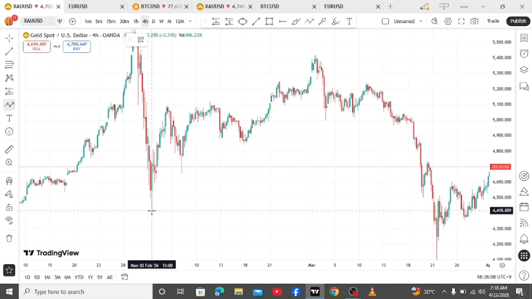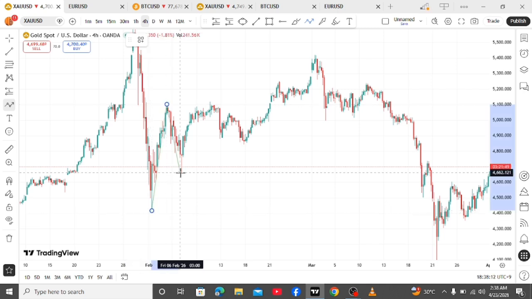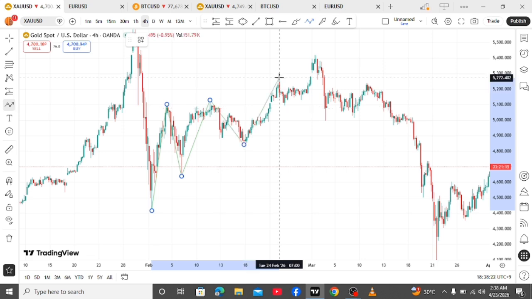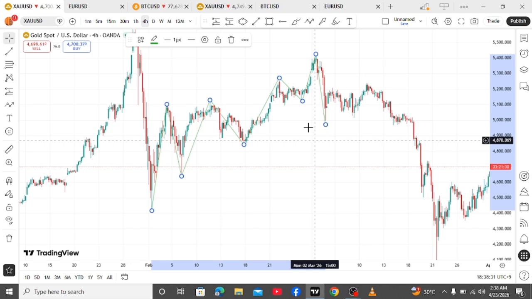So this is your higher high, then higher low, then higher high. As you can see, this high is higher than this high, then higher low, then higher high and higher low, higher high, and then a market shift, meaning the market right now is about to change direction.